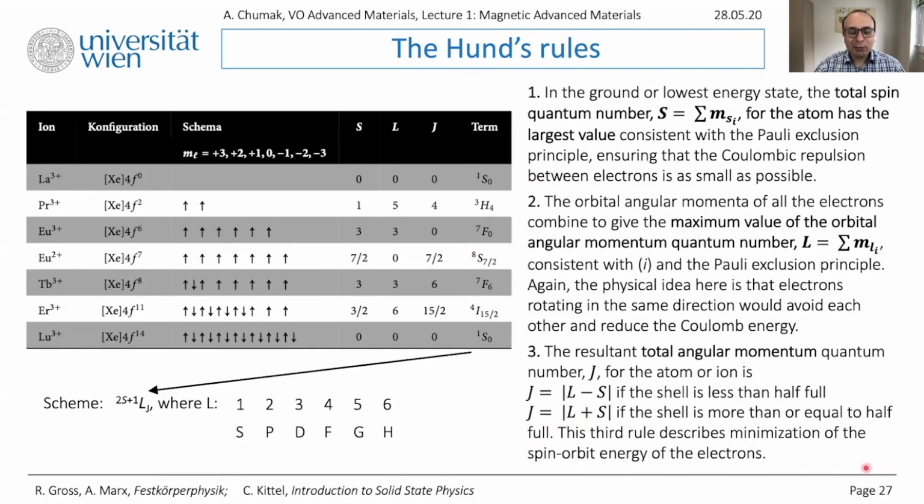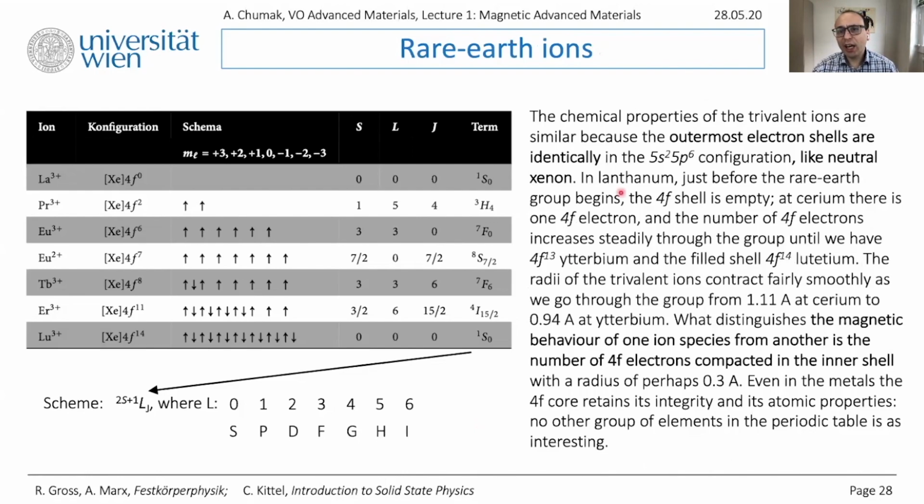Okay, so that was it about the basics of atom physics. So now we know why our electrons are sitting in these shells as they are sitting. And the question is why these rare earth ions are so interesting for magnetism. And the answer you can see here. The point is that the outermost electron shells of these ions, 5s2 and 5p6, which have around 1 angstrom radius, are identical.